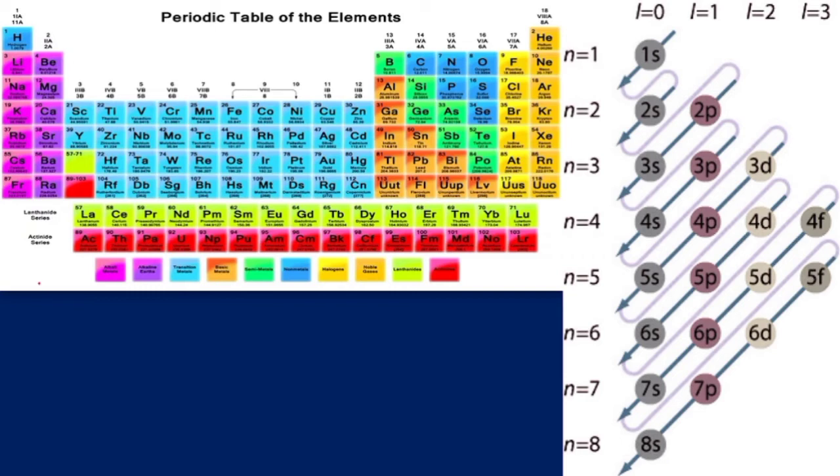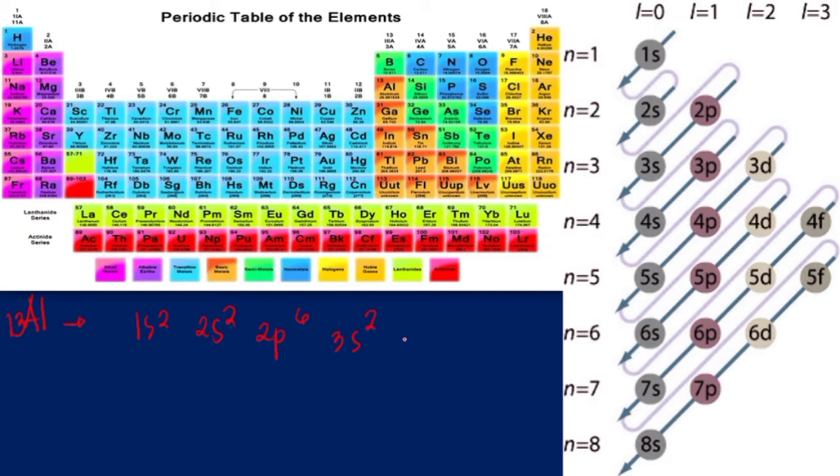Let's use aluminum. Aluminum has a number of electrons which is equivalent to 13. So that would be 1s2, 2s2, 2p6, and then after 2p6 you have 3s2. That's already 12.